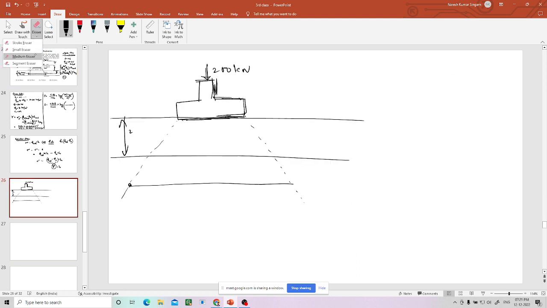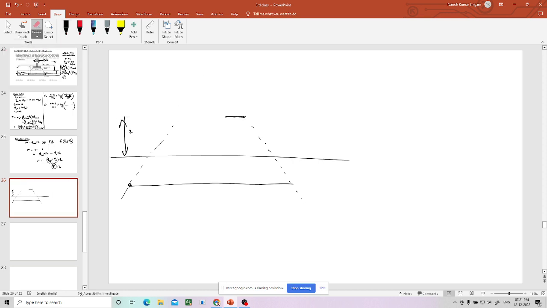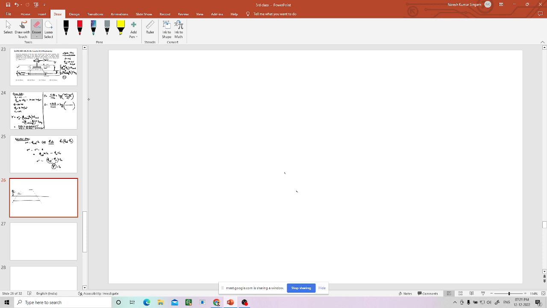So my mistake. So it is located at the mid depth of sand.